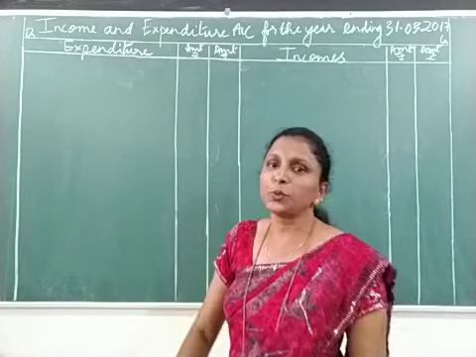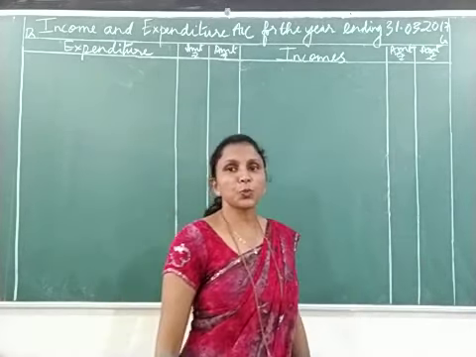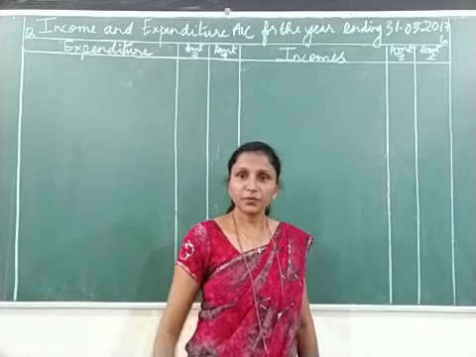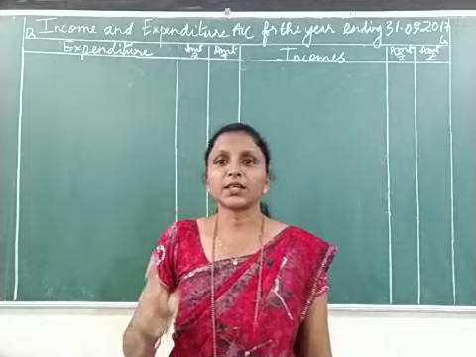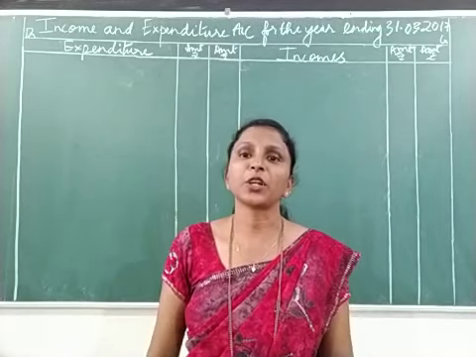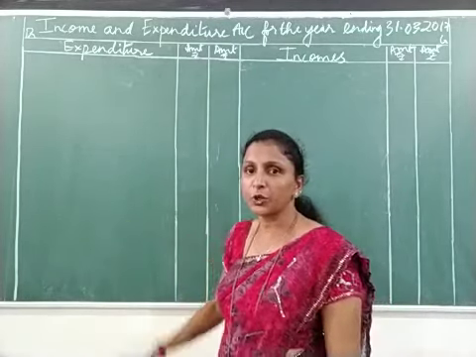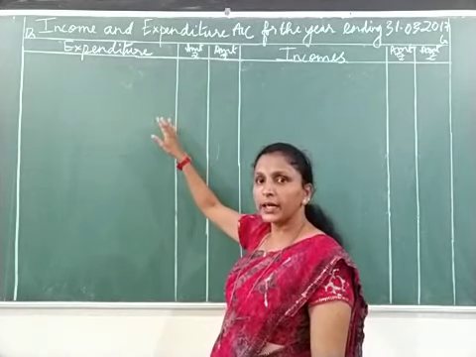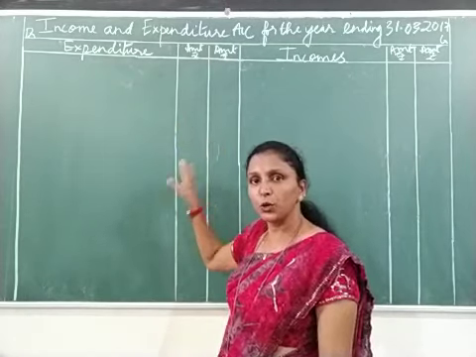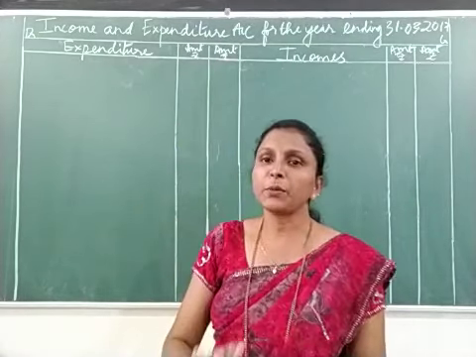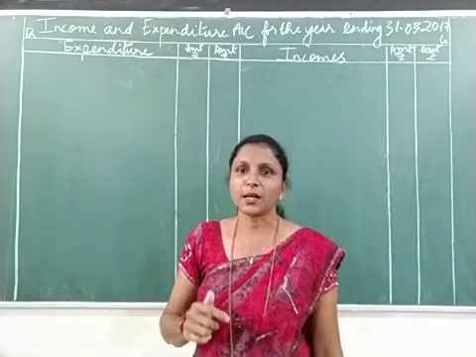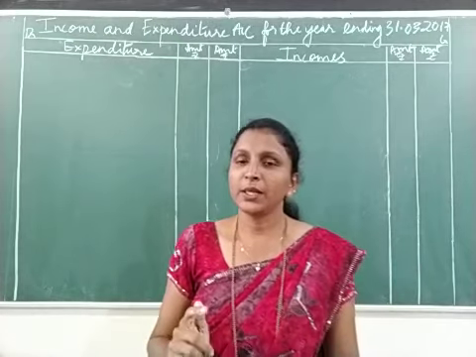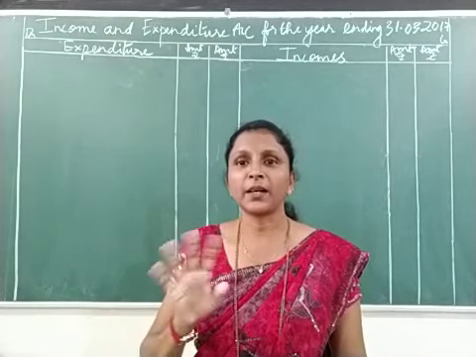The other thing to be remembered is how to prepare this account. This account is prepared by looking at the receipts and payments account given in the problem. So we have to start income and expenditure account by looking at the receipts and payments account given in the problem. In receipts and payments account, remember there are both capital and revenue items.